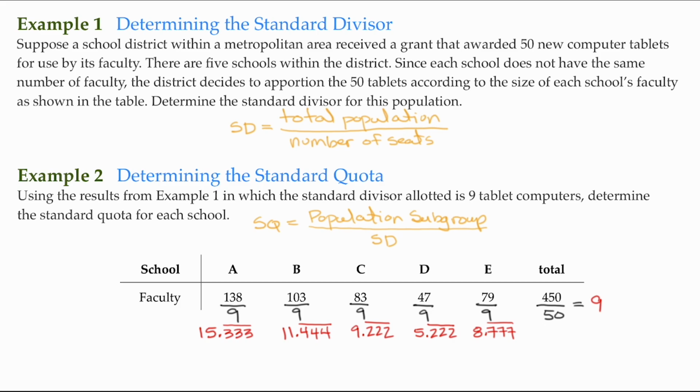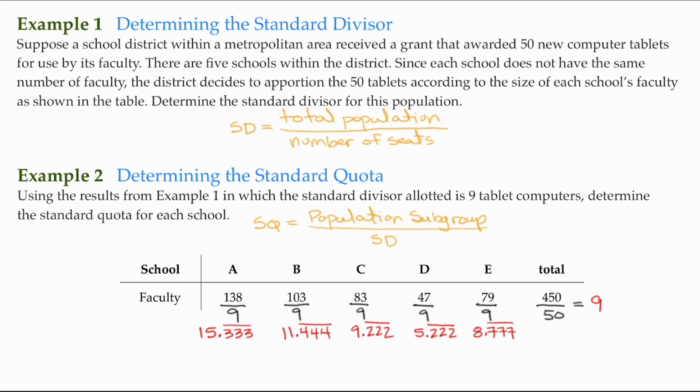However, there's a problem, and the problem is that we can't allot a portion of a tablet. There's fractions here. As a matter of fact, any of the seats, no matter what they represent, we can't have a fractional result. There will be a fractional result when we do the arithmetic, but we can't rely on it because we can't have a fractional apportionment.